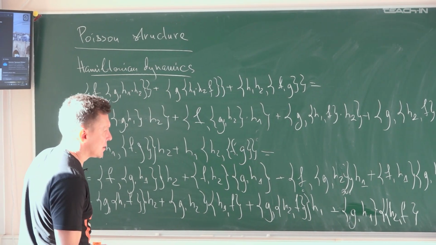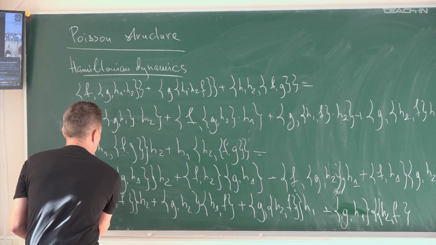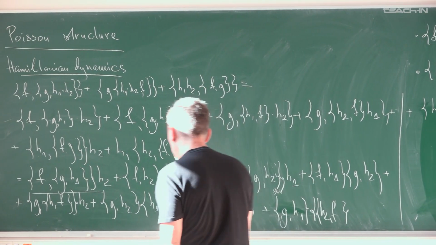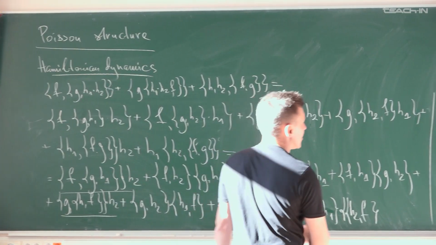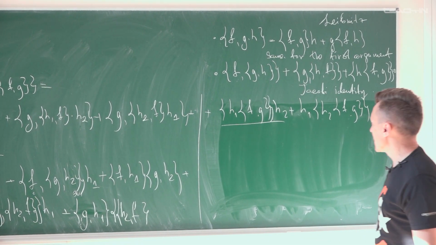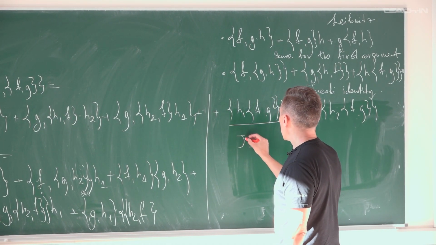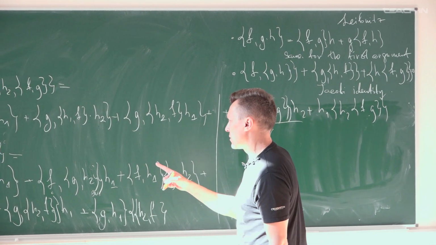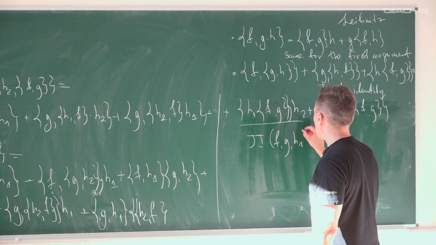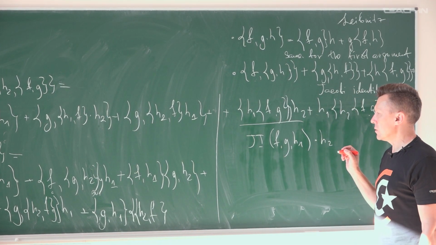So here, let us consider this term and this term. Altogether, they give the Jacobi identity for the functions f, g, h1, multiplied by h2.